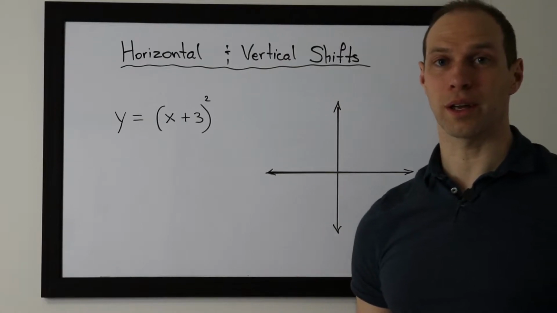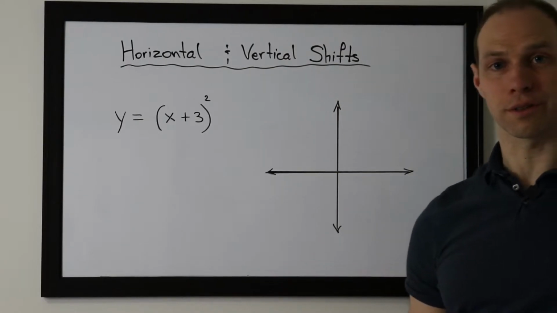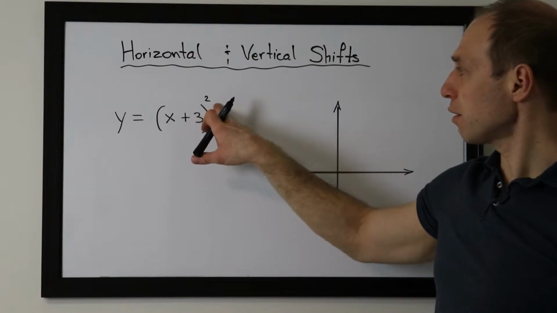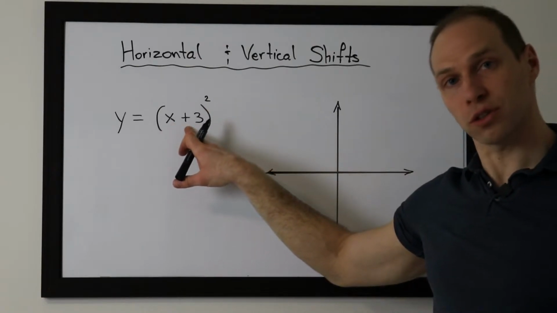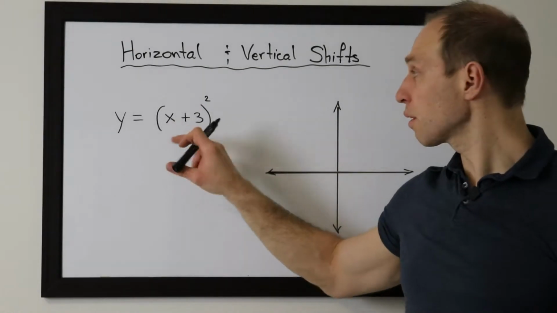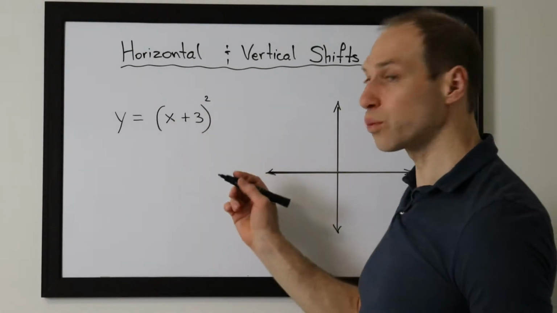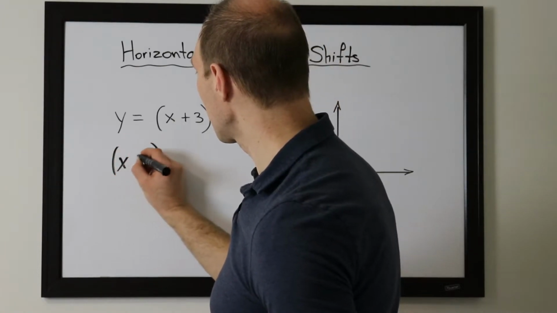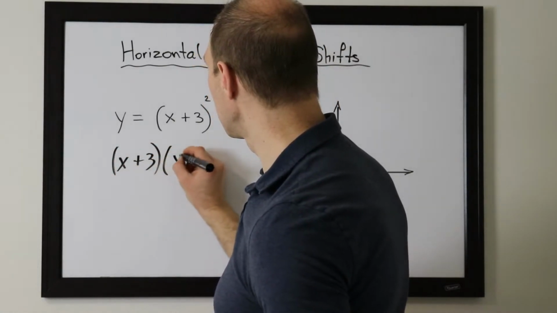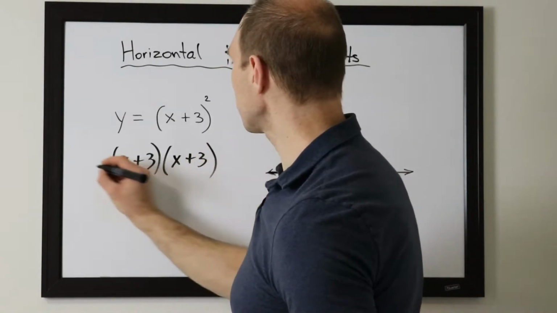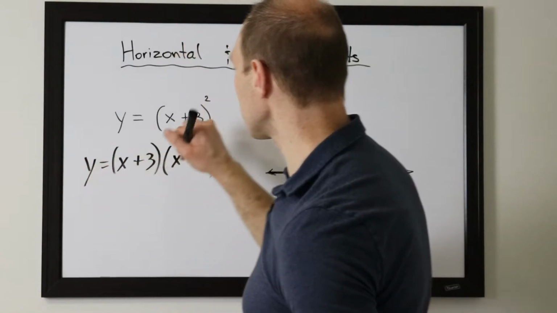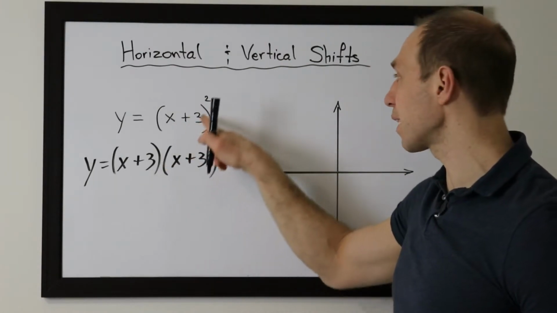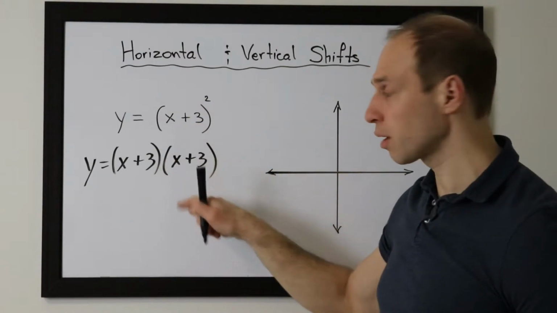In this case, we're going to be looking at a horizontal and a vertical shift of a parabola. So let's look at something like this. Whenever you see a square and the x is within a bracket, that's also a representation of a parabola. Let me show you why. If I was to write it out and actually expand it, I can write it in this form, because the square tells us that we're multiplying this by itself that number of times, so twice.